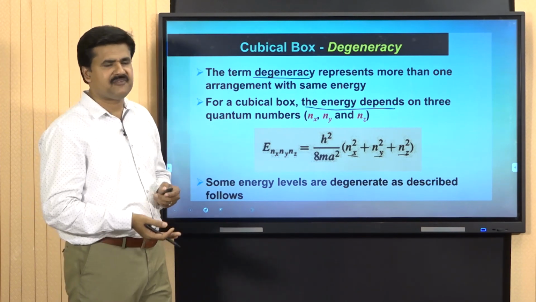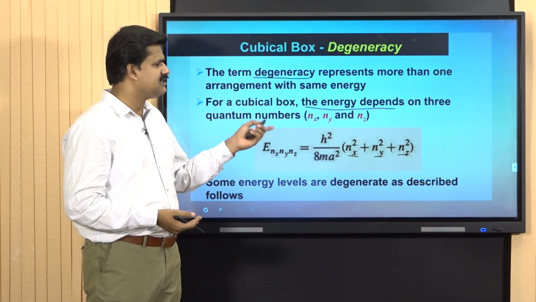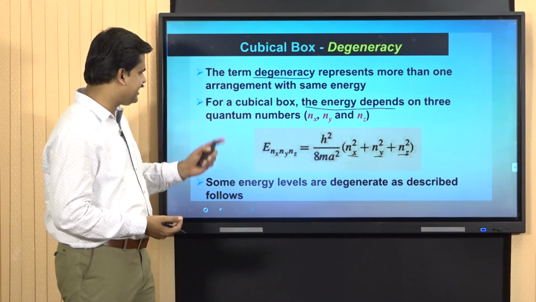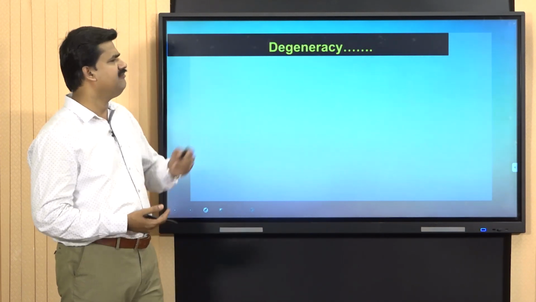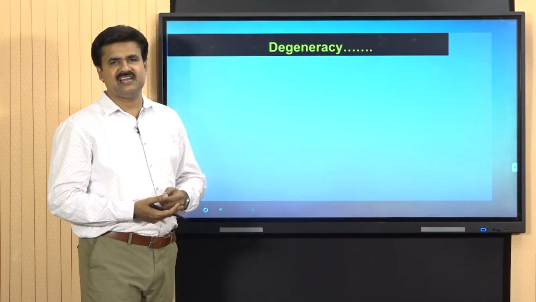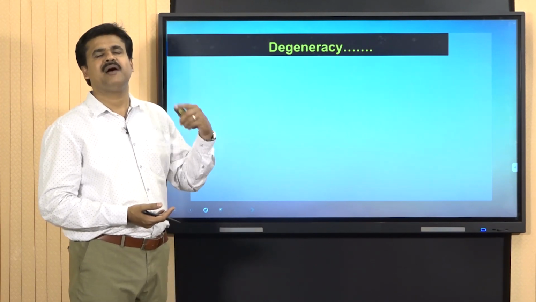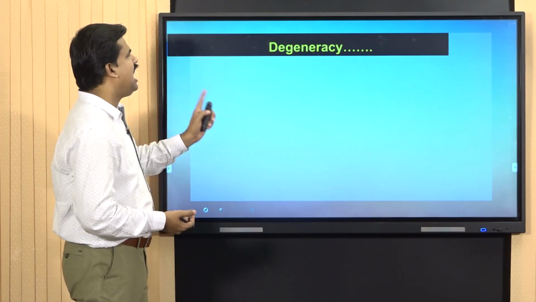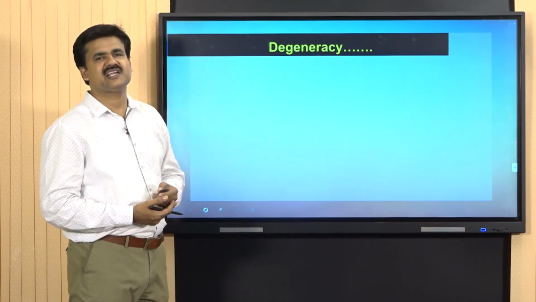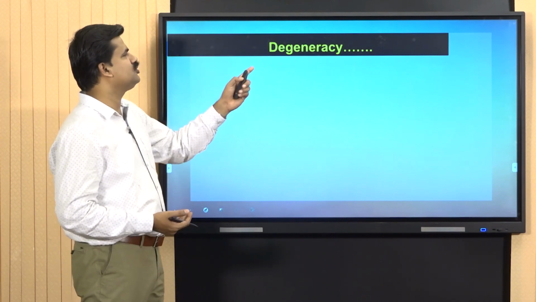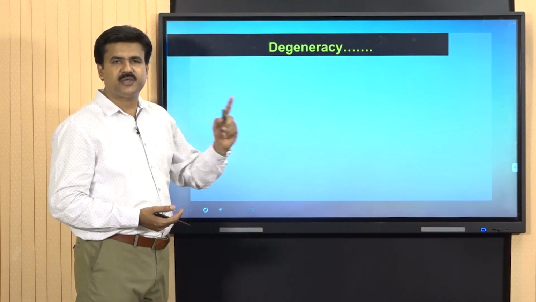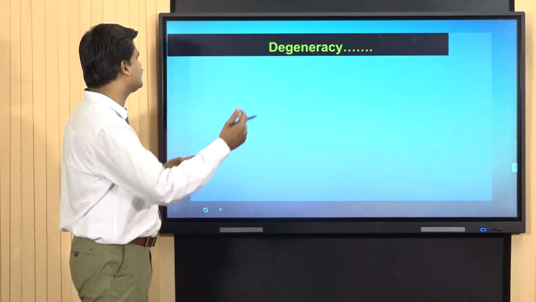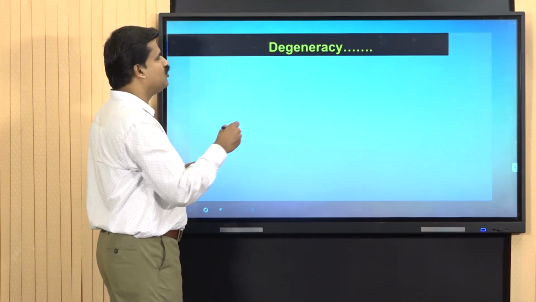We can exemplify that by taking an example. For instance, we can take one energy level associated with the particle in a 3D box problem. Prior to entering into the concept of degeneracy, we have to once again look at the equation for the particle in a cubical box problem.